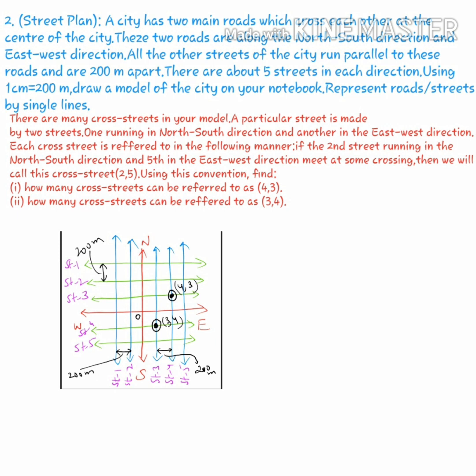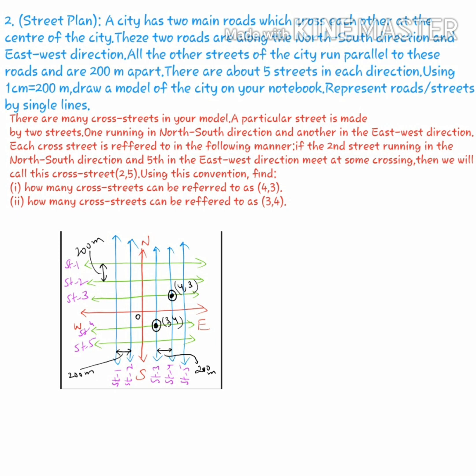Then you have to search for these coordinates 4, 3 and 3, 4. We have to check where these points lie. In the starting it is marked clearly. For 4, 3, 4 means street number 4 in the north-south direction, and 3 means street number 3 in the east-west direction.